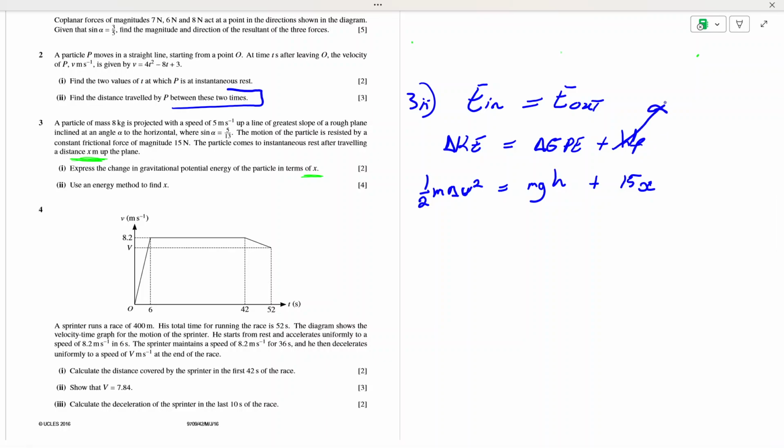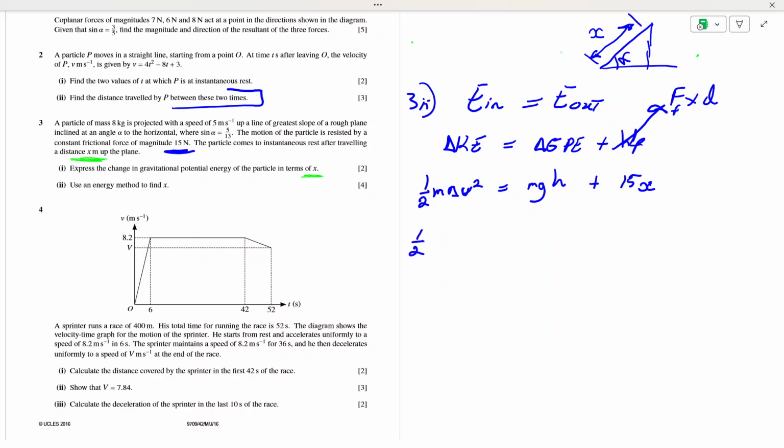So remember, work is equal to force times distance, and in this case the force is the frictional force. The frictional force is given here, it's 15 newtons. The distance is the x, which it travels up the inclined plane, a distance of x meters, right? The initial velocity we are given, the final velocity, that's when it has stopped, which is 0.